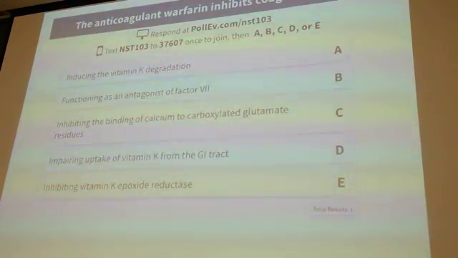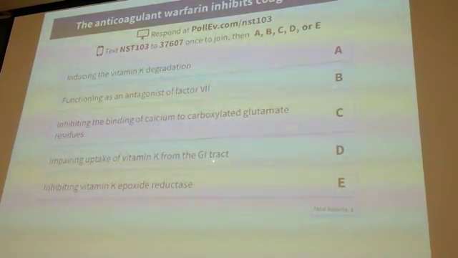Okay, so the anticoagulant warfarin inhibits blood coagulation by one of these: inducing vitamin K degradation, functioning as an antagonist of factor 7, inhibiting the binding of calcium to carboxylated glutamate residues, impairing uptake of vitamin K from the GI tract, or inhibiting vitamin K epoxide reductase.